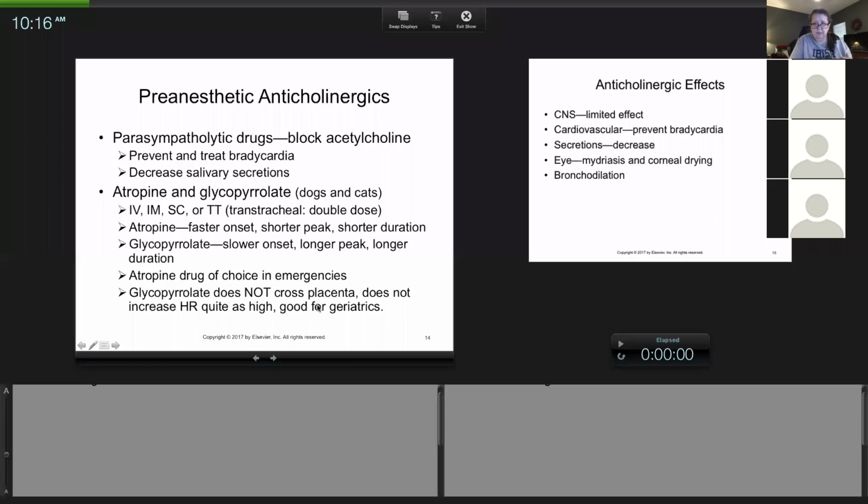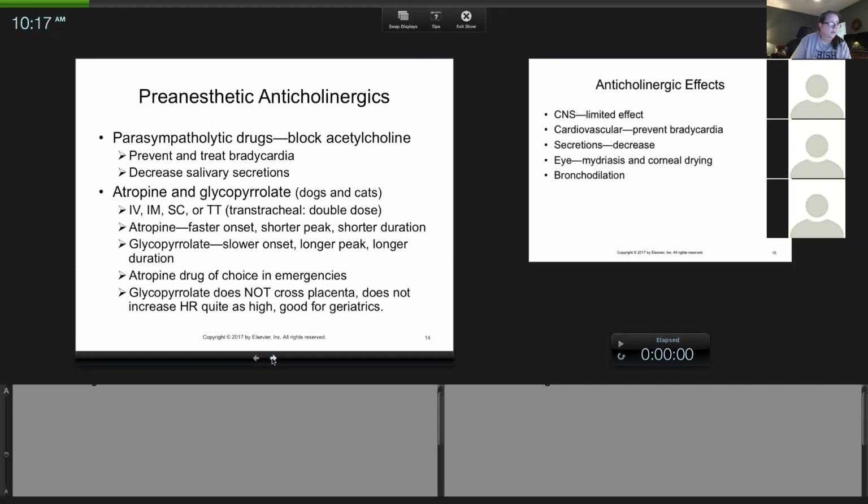Someone told me it was off the market, and then I had heard it was coming back on the market. So to be honest, I'd have to ask some friends of mine that are in practice, can you get glycopyrrolate right now? But for a board exam or for a test, you need to know the difference. Whether you'll ever work with it, I don't know, because not everybody carries it. But, you know, we carried it in anesthesia.